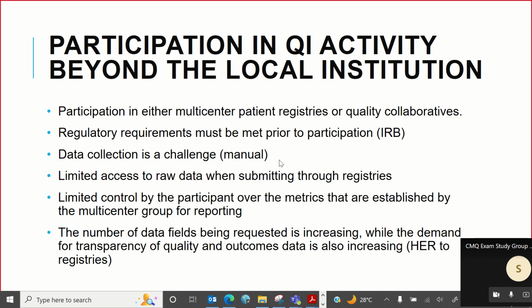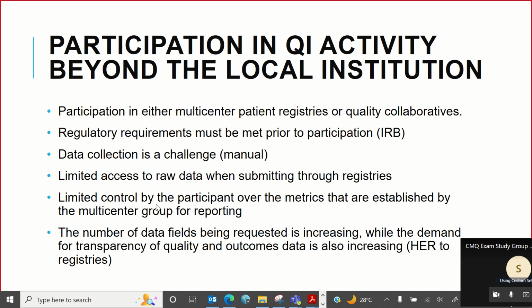And then it says there are challenges with access to the raw data. So even though I'm collecting the data from my organization and sending it to you, there isn't access available for everyone to review their data. So imagine it's your data, but you have no view on it.